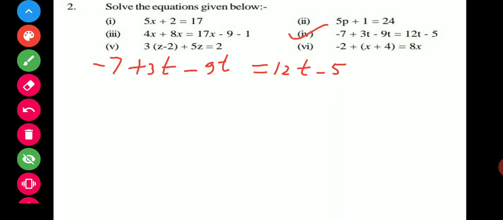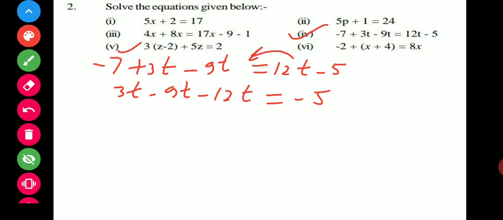So there is 3t minus 9t. 12t को ट्रांसफर कर लो लेफ्ट हैंड साइड पे, minus 12t is equal to, there is minus 5. Minus 7 को ट्रांसफर करना है राइट हैंड साइड, so it becomes plus 7. सो हियर इज 9 और 12, दैट इज द 21, एंड 21 माइनस 3 कितना हो जाएगा?